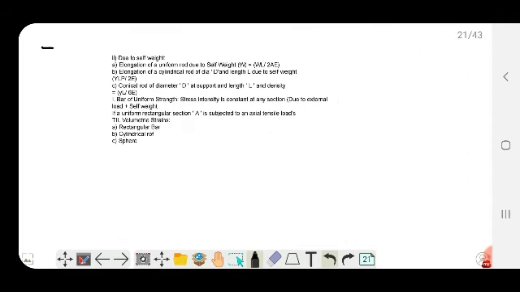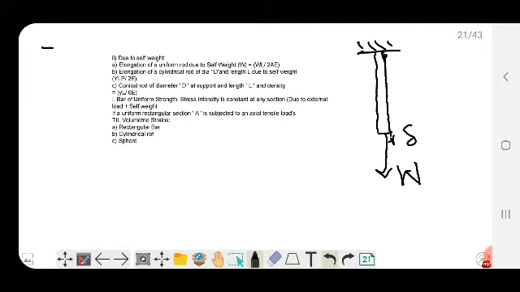Next is due to self weight, elongation of a uniform rod due to self weight. We have a rod hanging from a fixed section and the force acting downward is nothing but its weight W, due to which it will be elongating by some delta.